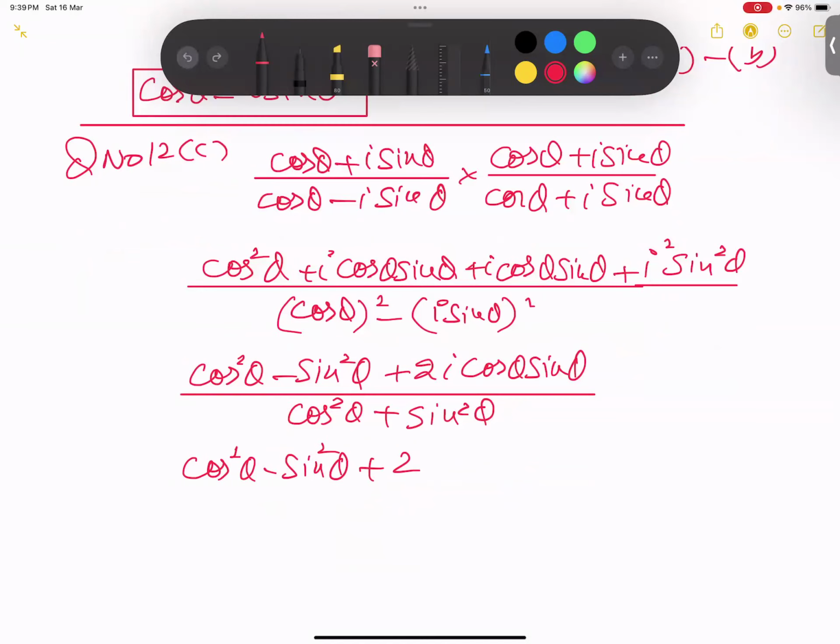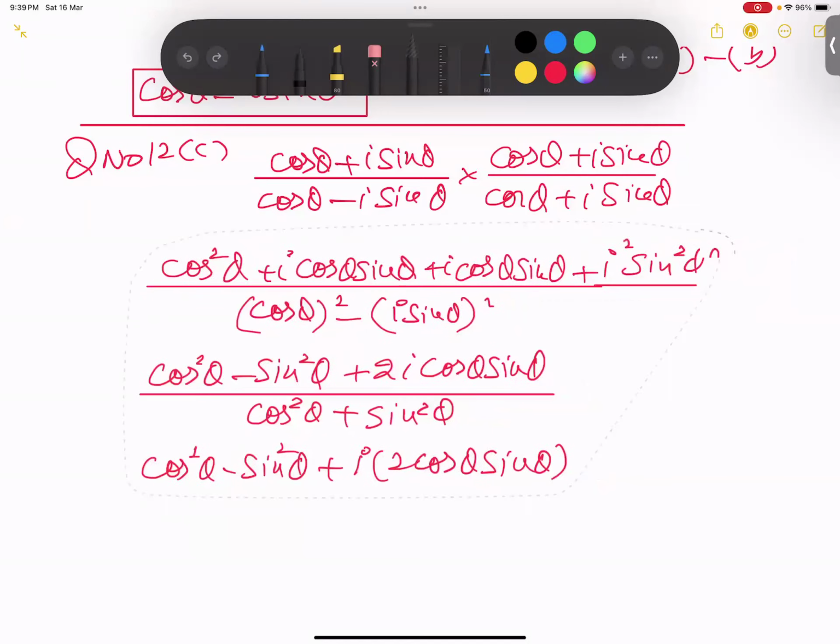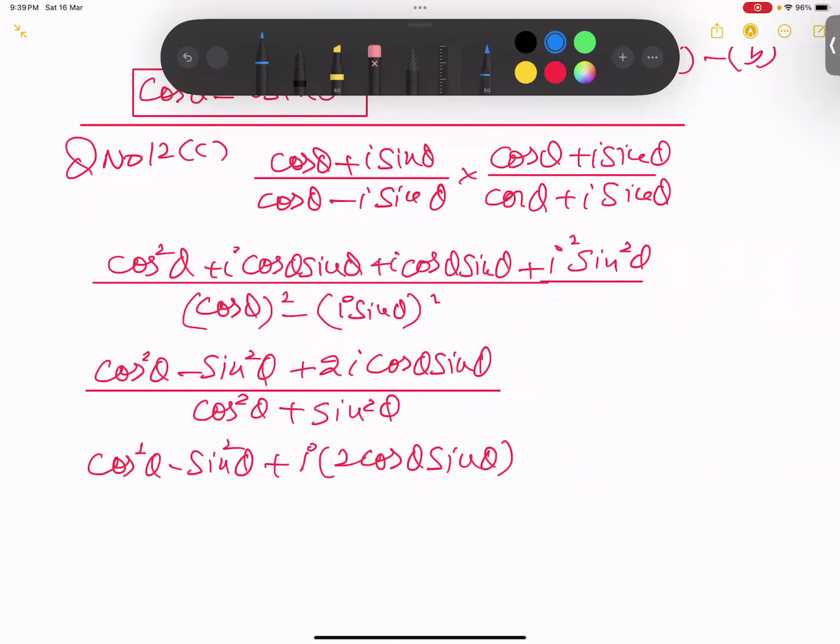Here I can write iota before and 2 cos theta sin theta separately. If you remember, what formula is this? We have formulas in trigonometry. I'm writing all those formulas here, so get ready. I just drag this slightly here because I'm writing the formulas here. And what are the formulas? If you remember, cos double theta has 3 formulas.